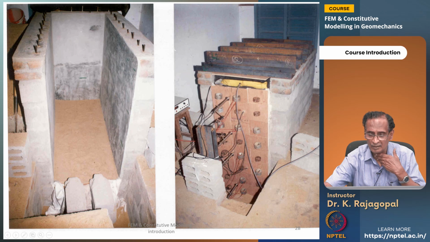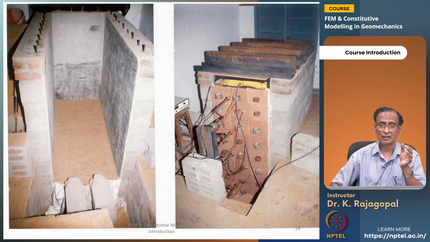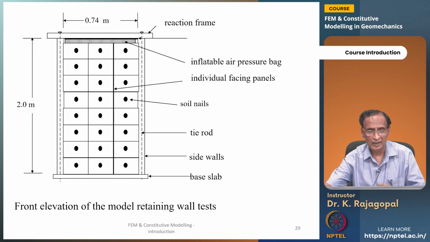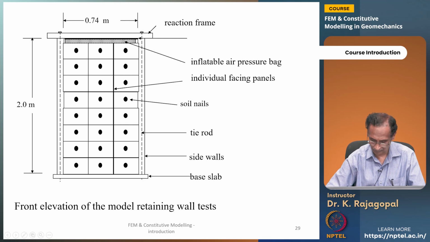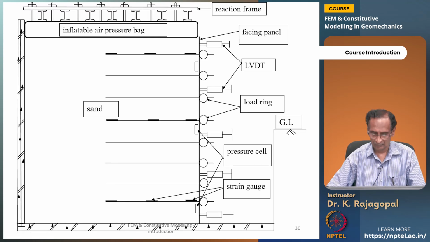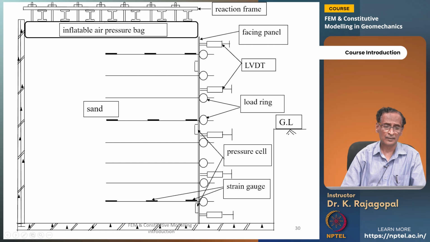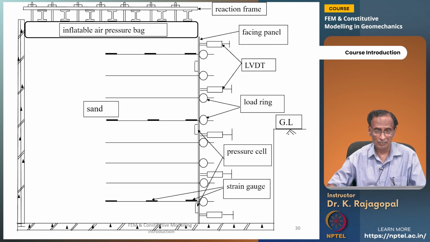And you see all these loading rings that are placed only for measuring the load developed in these soil nails. And the front part is like this, and the soil was subjected to failure by applying uniform pressure through an inflatable air pressure bag.